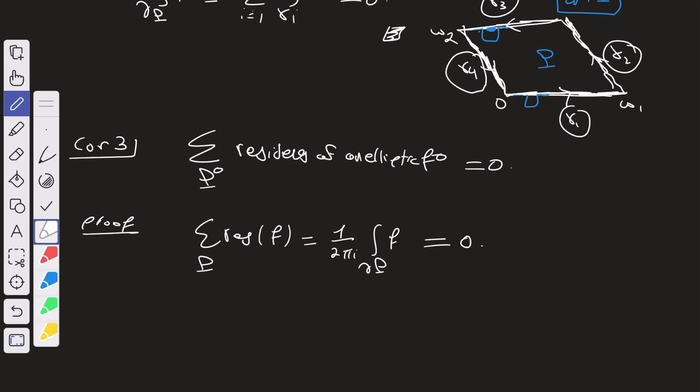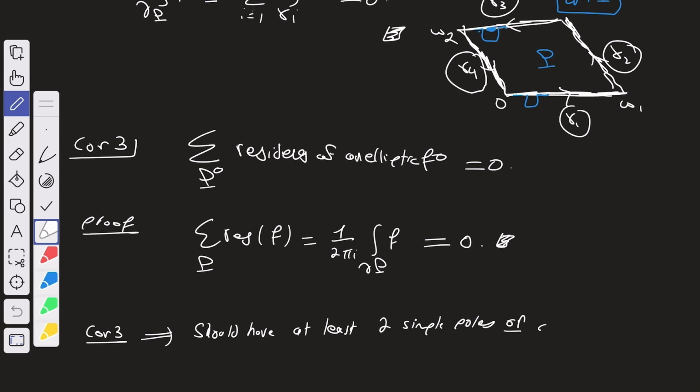Okay, so there are enough properties because this gives a pretty good classification, and we're going to start by constructing our first example of an elliptic function. But before that, let's note that corollary 3 implies that we should have at least 2 simple poles or a double pole inside the period parallelogram.